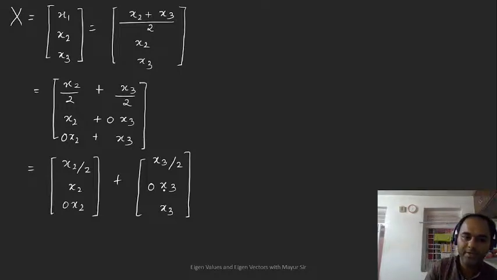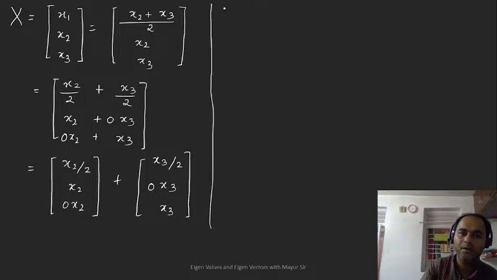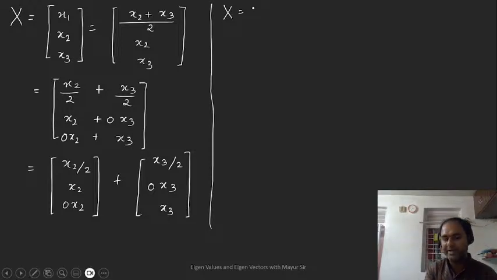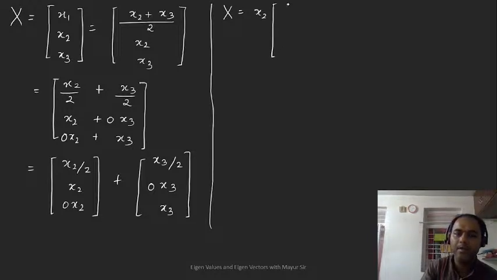From this expression, you take x2 common, so you get half, 1 and 0.